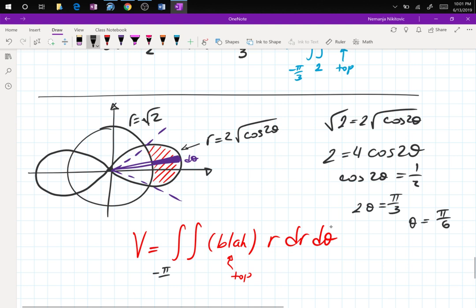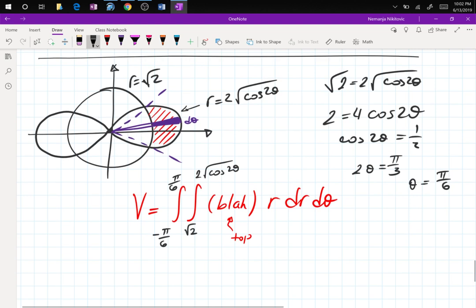So negative pi over 6 to positive pi over 6 on the outer limits. The radius is the function close by, which is just square root of 2. And then it goes to 2 square root of cosine 2 theta on the upper limit.